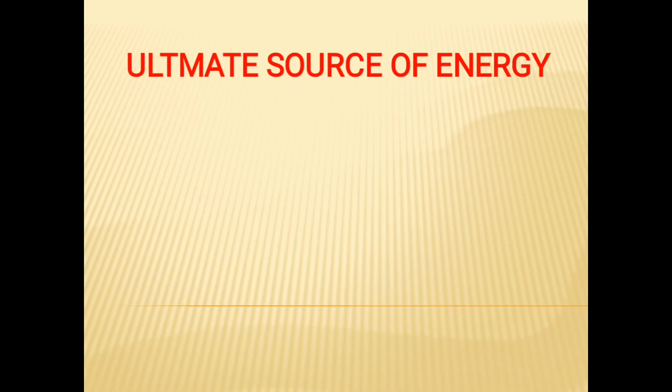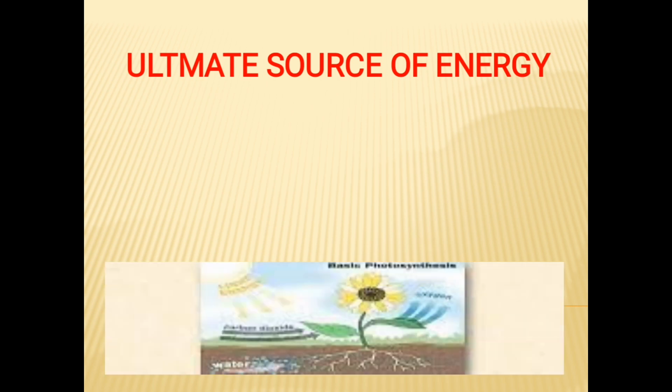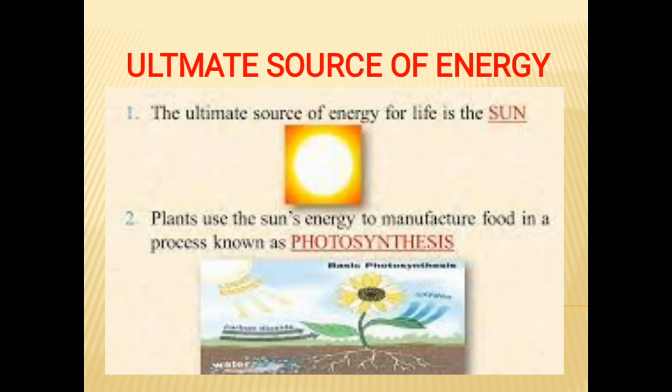Now we talk about the ultimate source of energy. The ultimate source of energy, the overall source of energy, is the sun. Plants use the sun's energy to manufacture their food in a process known as photosynthesis.